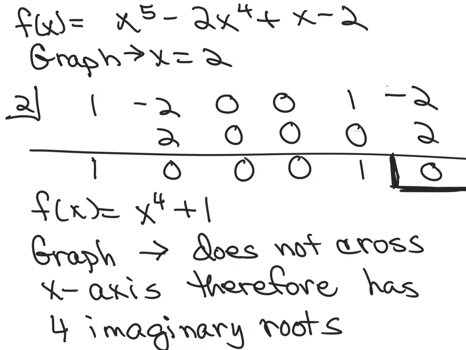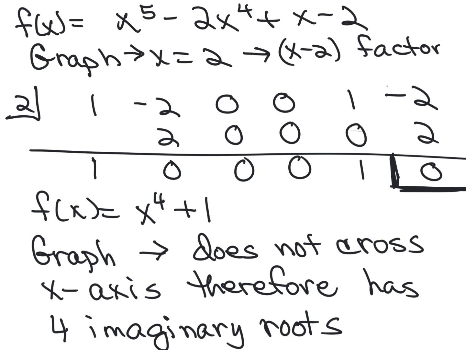I then typed that into Desmos. I saw that, again, 2 was the solution. So I know that x minus 2 is a factor, and I did synthetic division one more time. So I did synthetic division using 2, and I get the result x to the 4th plus 1 as my new function.